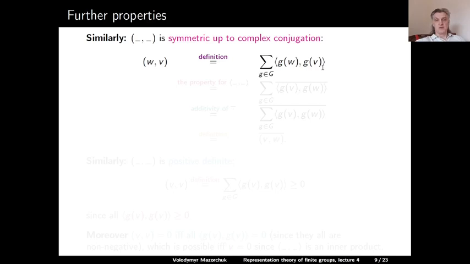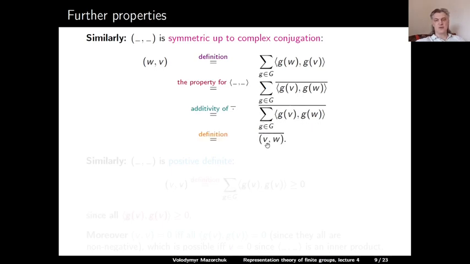But the old inner product was an inner product, so if we swap g of w and g of v, we should put complex conjugate. By the additivity of complex conjugation, we can lift it over the sum. And then under the complex conjugation, we have exactly the new inner product of v and w.